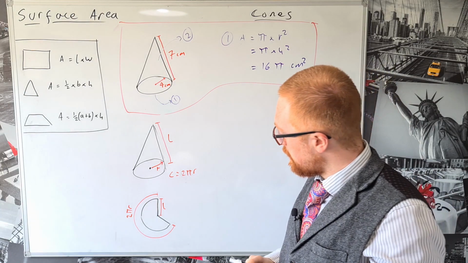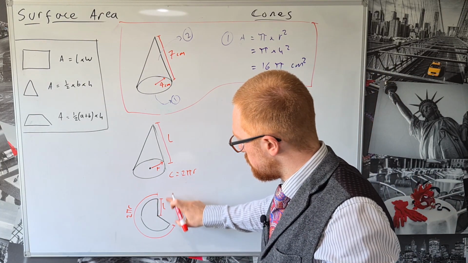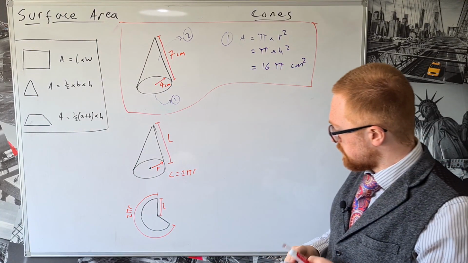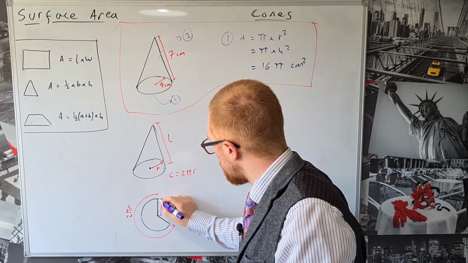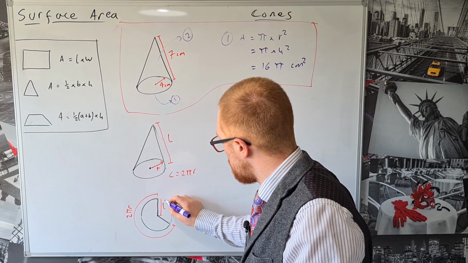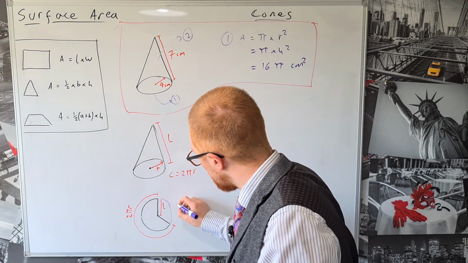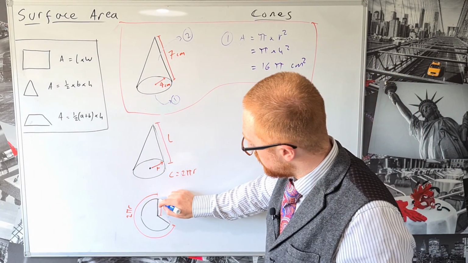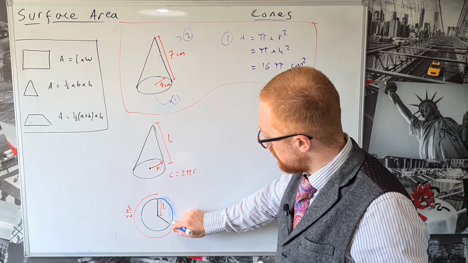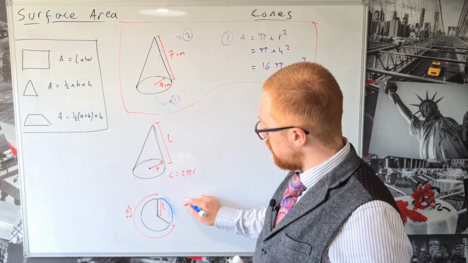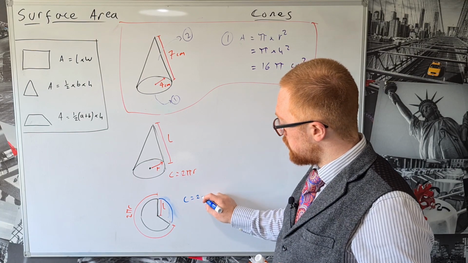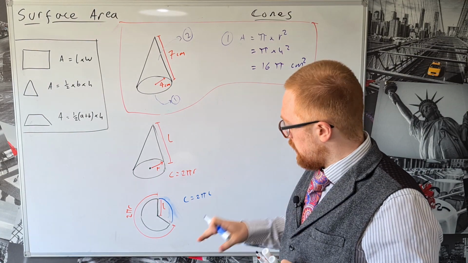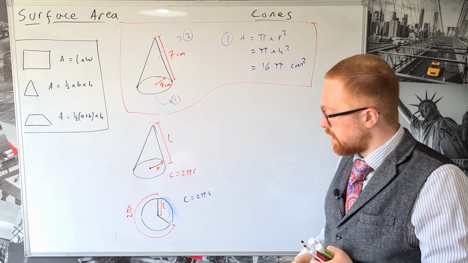Well, if we had the whole circle, let's do this in a different colour. If we had the whole circle, then the circumference of the whole circle, let's pretend that we've got the whole circle, would be 2 times pi times the length L. And that allows us to work out what fraction of the circle we've got.